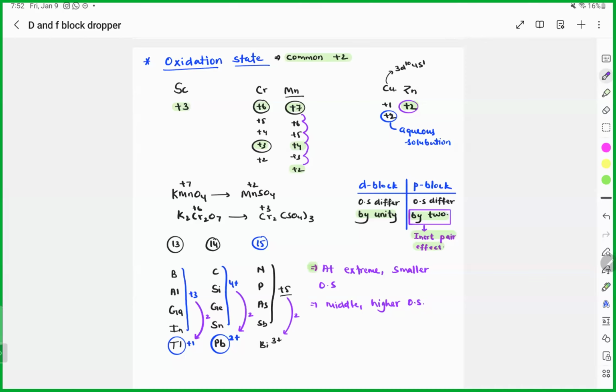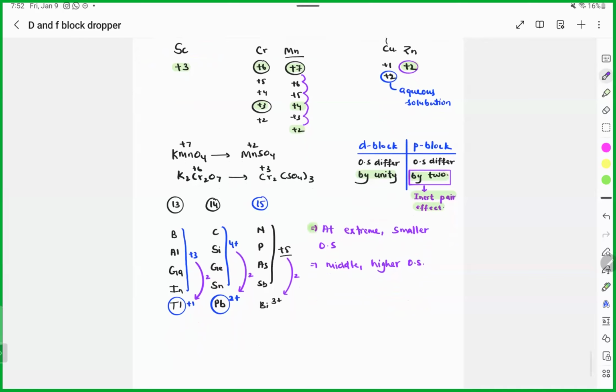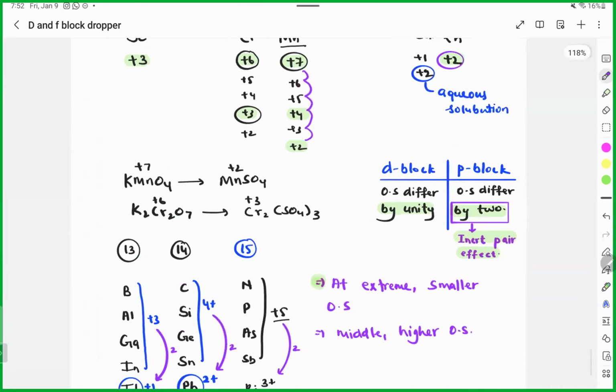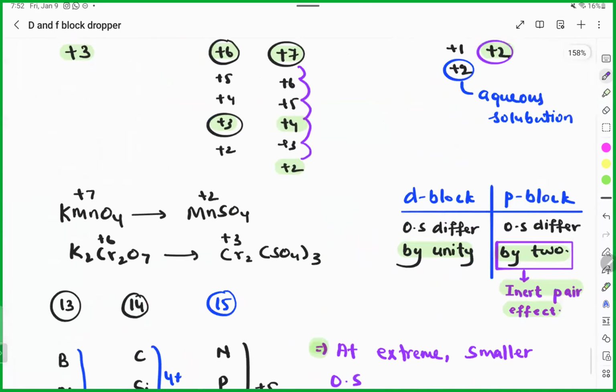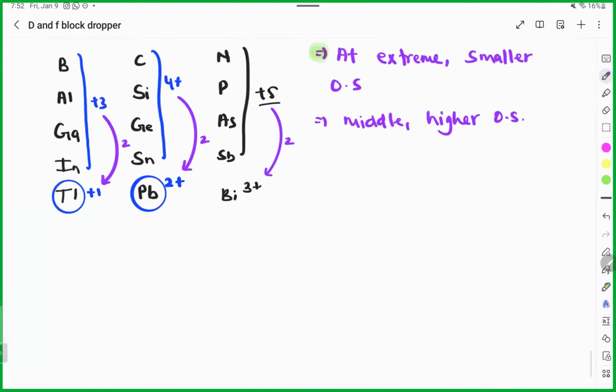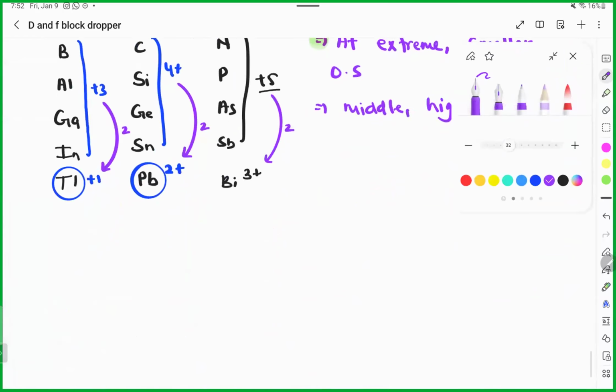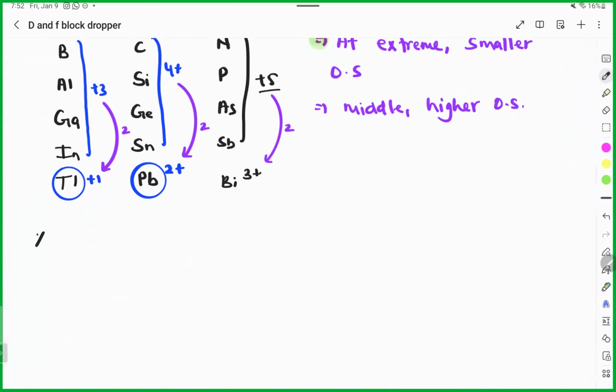And the interesting part is, what is the unique feature related to oxidation state in d block elements? Variable oxidation state.